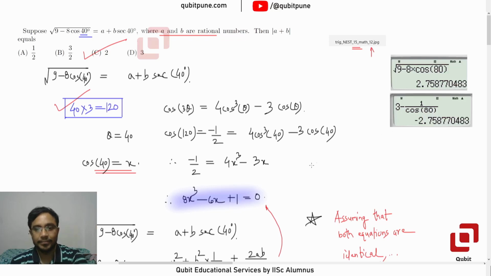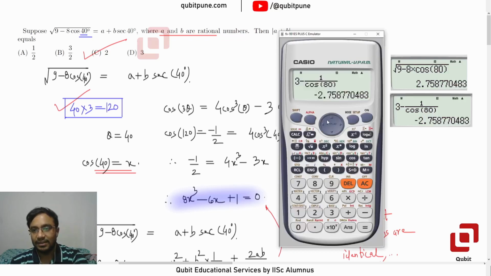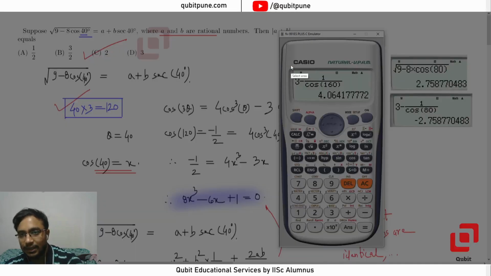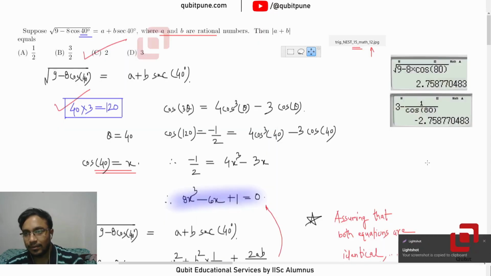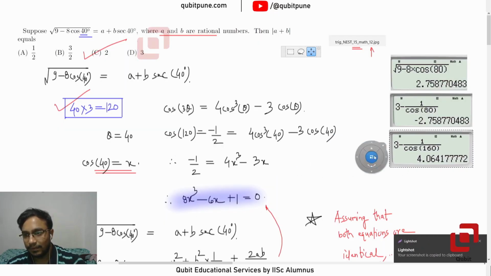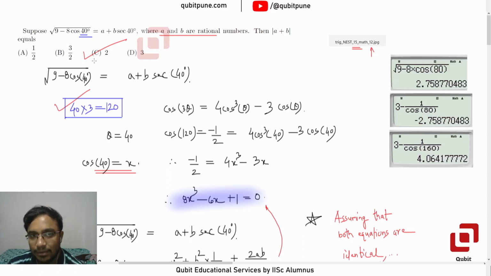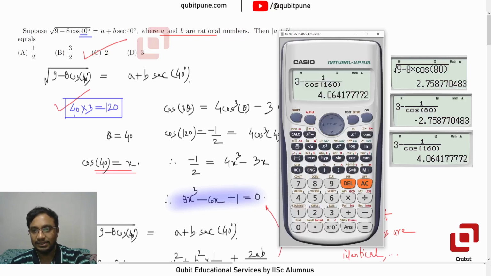Okay, so let's also quickly do it for 160. For this it will be positive both, so A will be positive, and because cos 160 is negative and B is negative 1, that will give us the right answer. Let's check.